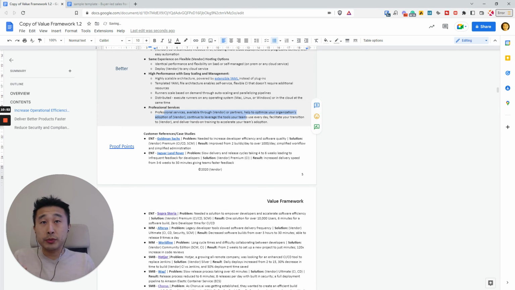So proof points will typically be divided into different niches. First of all, it's the customer reference, right? If they are in a technology sector, like Altorisk, this is what you pitch to them. And if they are in a finance sector, this is how the problem you're solving for them.